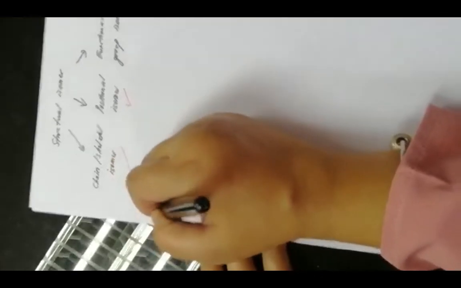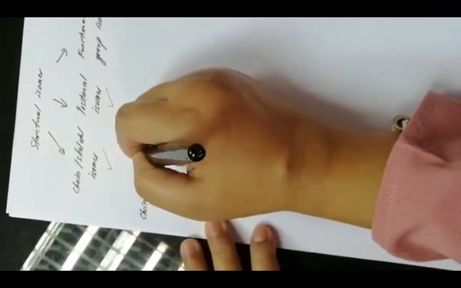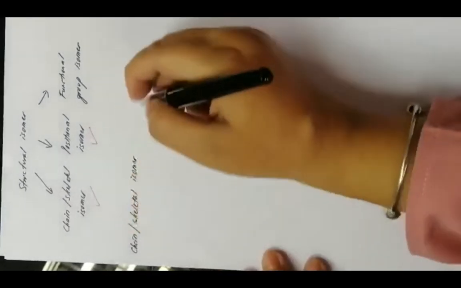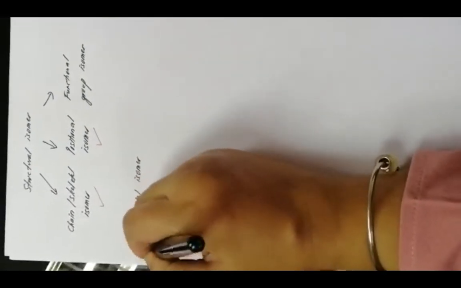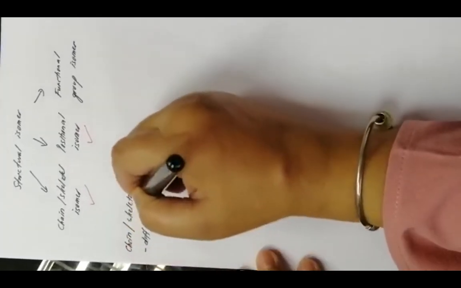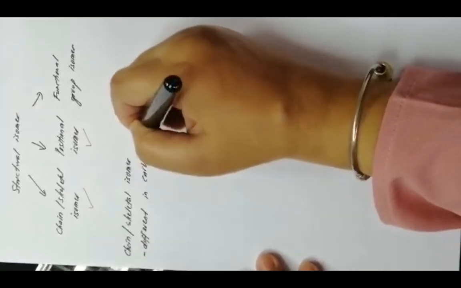Okay, so now the first one, chain or skeletal isomer. So what is actually chain or skeletal isomer? Chain or skeletal isomer is the structure which is different in carbon skeleton.